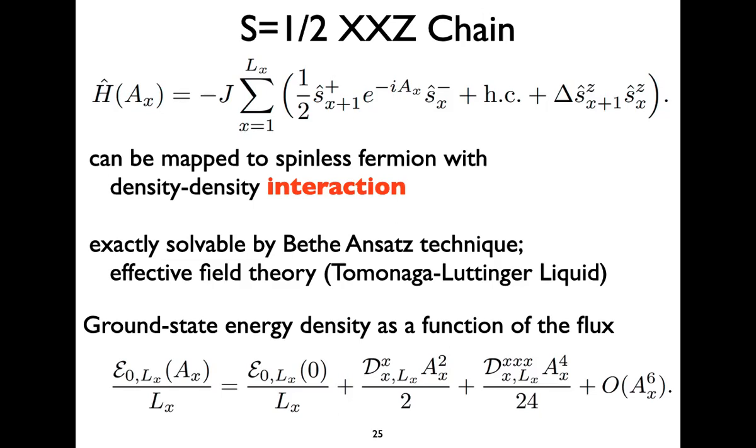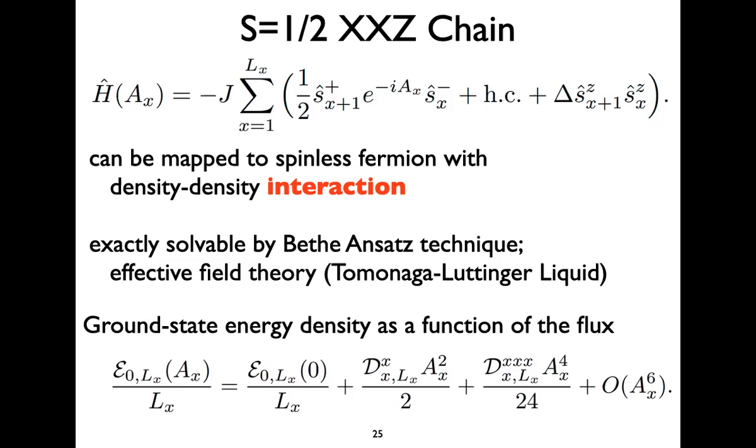This is particularly interesting because this model is exactly solvable by the so-called Bethe ansatz technique, and the low-energy limit can be described by field theory. So there are a lot of technical, theoretical tools to study this.